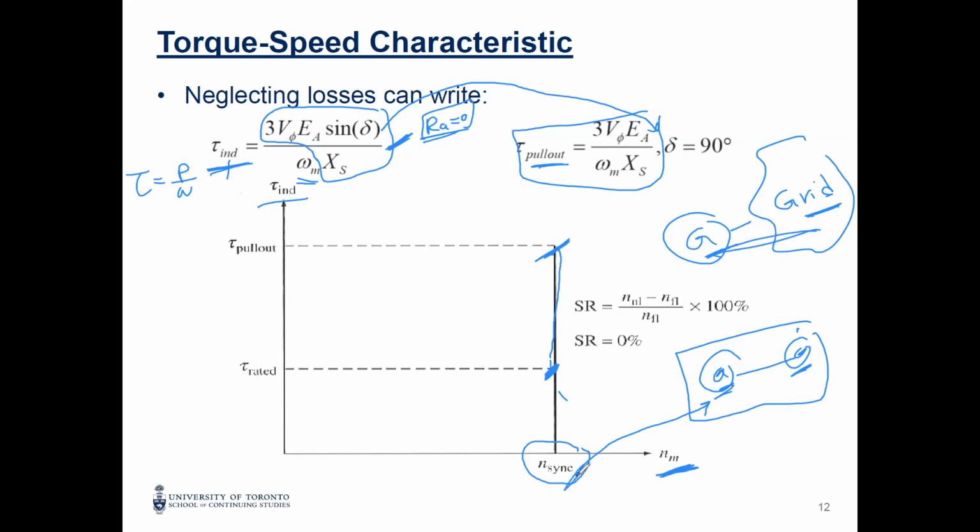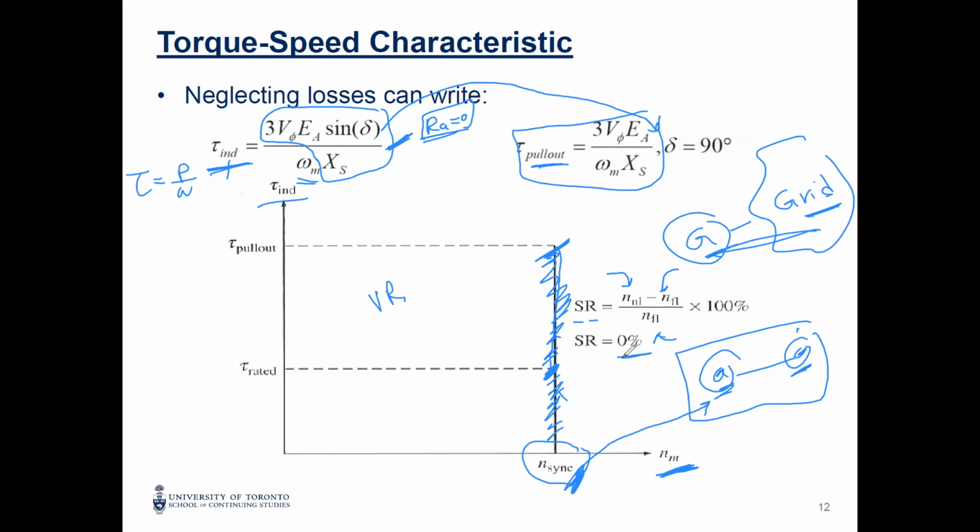So the speed is always synchronous. Whatever loading you have, you always have the same speed. We even heard something called the speed regulation. Remember the voltage regulation for the transformer? This one is similar. So you have the no load speed minus the full load speed over the full load speed.